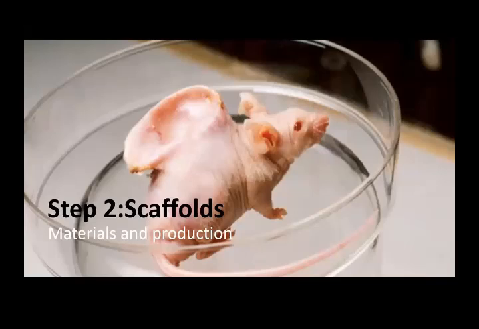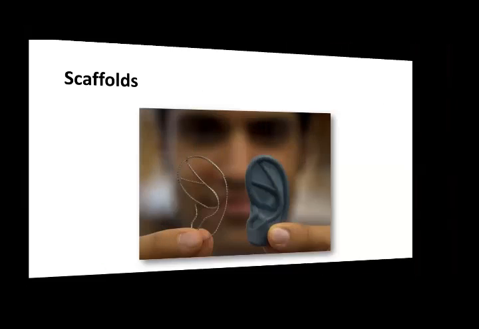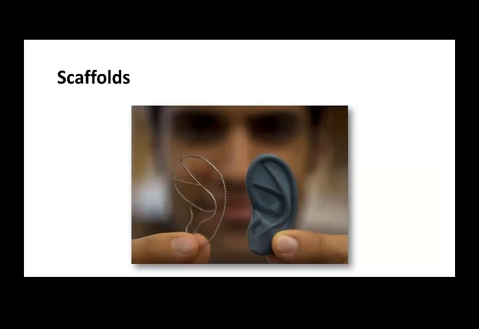Step 2, we talked about scaffolds and the materials that go into their production. Obviously, the main purpose of scaffolds is to guide and organize tissue engineering. It helps with the growth and differentiation of the cells in the process of forming functional tissues.